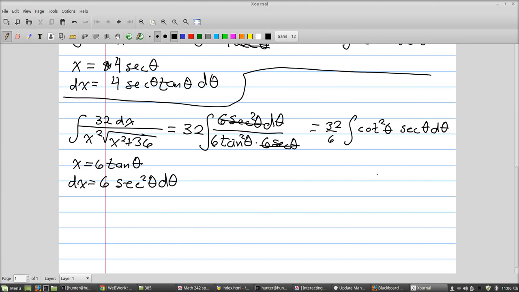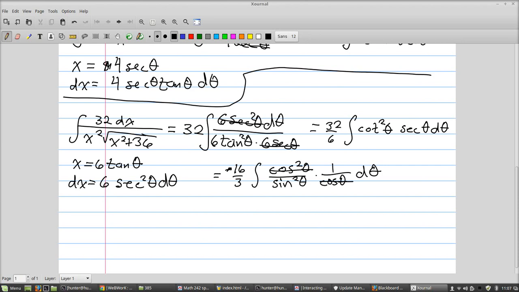Alright, so I don't immediately know what to do. I'm going to convert into sines and cosines in case that gives me any ideas. And at the same time we can simplify this. So this is 16 over 3. And in terms of sines and cosines, you've got cosine squared theta, because we're going to get another cancellation, over sine squared theta times 1 over cosine theta d theta.